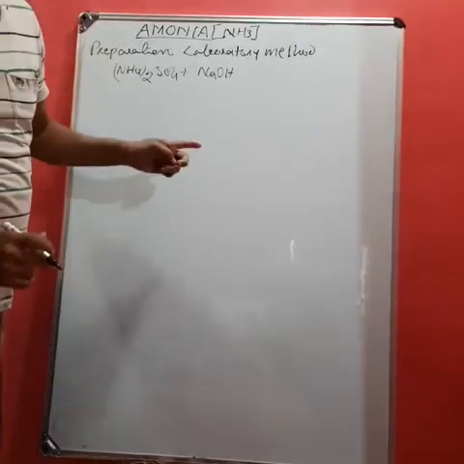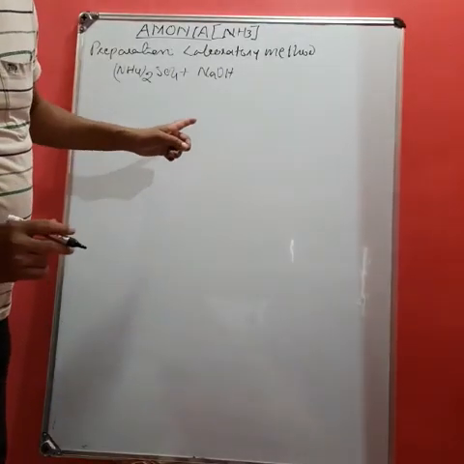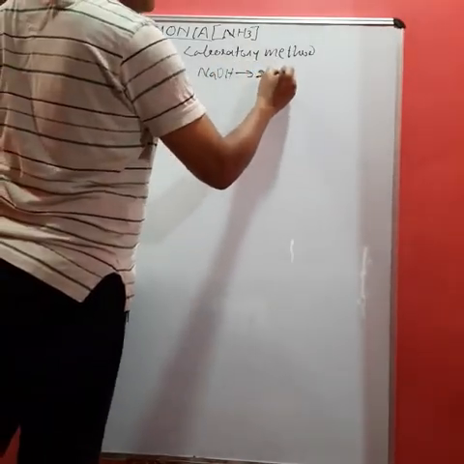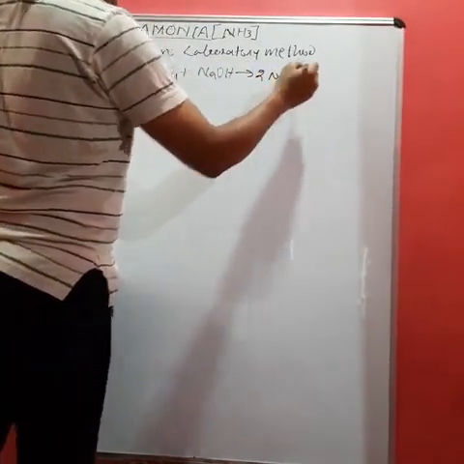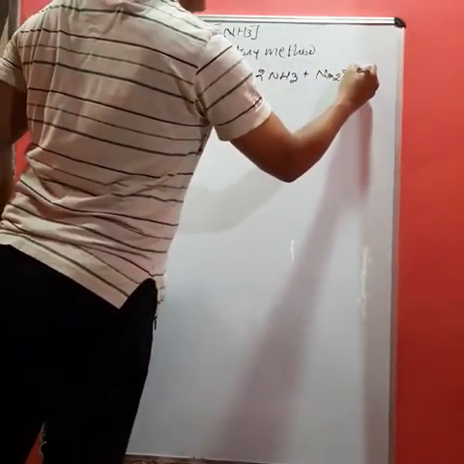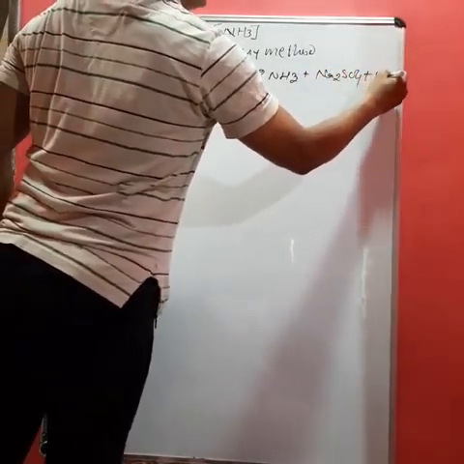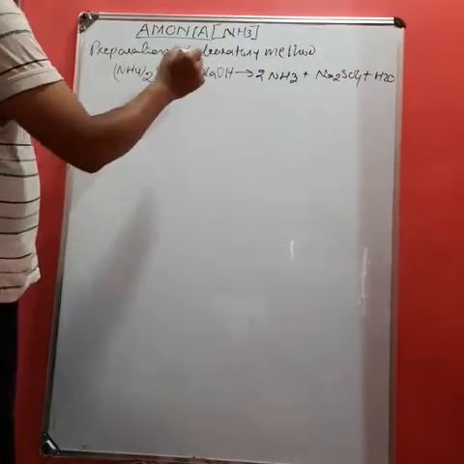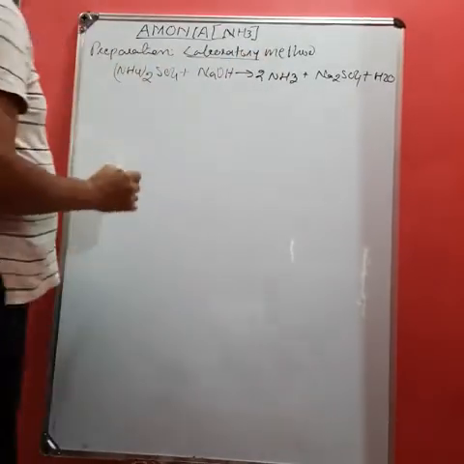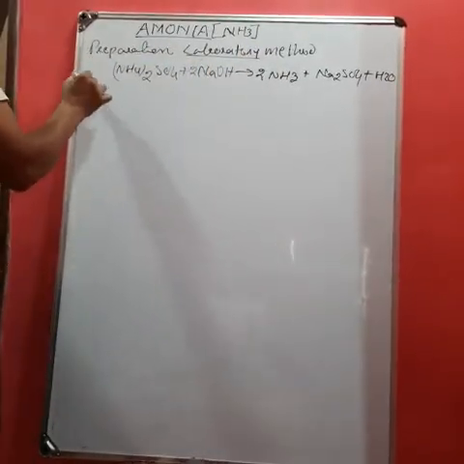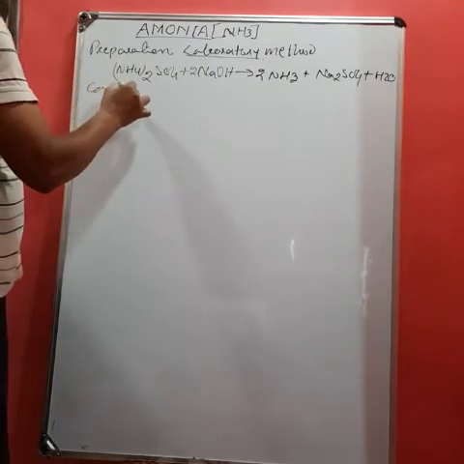Okay, with the reaction of it forms ammonia plus sodium sulfate plus water, but it is prepared only on a small scale. It is therefore called what? Laboratory method of preparation.